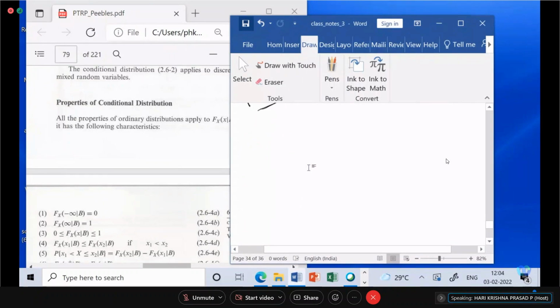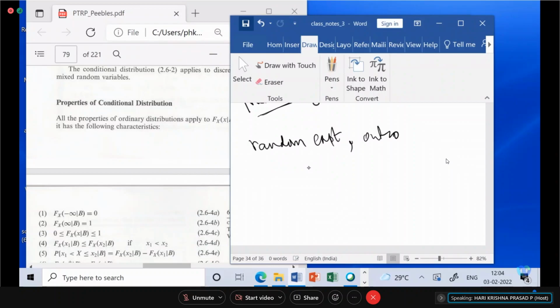In one of the previous classes, we have seen what is the conditional probability. How did we define that conditional probability? We have considered a random experiment. We have considered the outcomes. We have defined events on those outcomes. So each outcome can be an event, or a group of outcomes together can be labeled as an event.